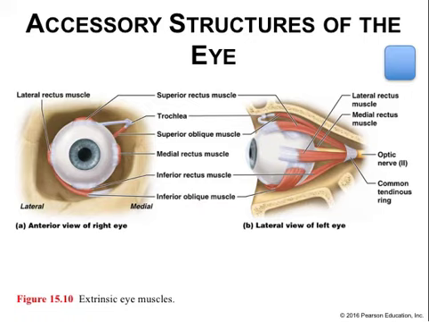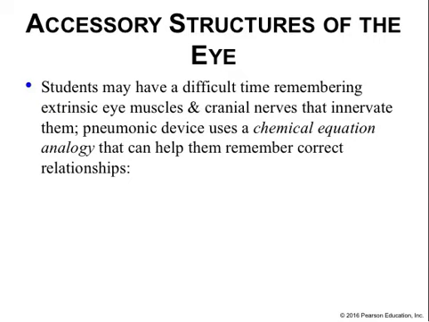Strabismus, known as lazy eye, is a disorder present at birth where the eyeballs are not properly aligned with each other, and this can lead to double vision, which we term diplopia. Sometimes we have a difficult time remembering the extrinsic eye muscles and the cranial nerves that talk to them, so you can use a mnemonic device that utilizes a chemical equation analogy to remember these relationships.